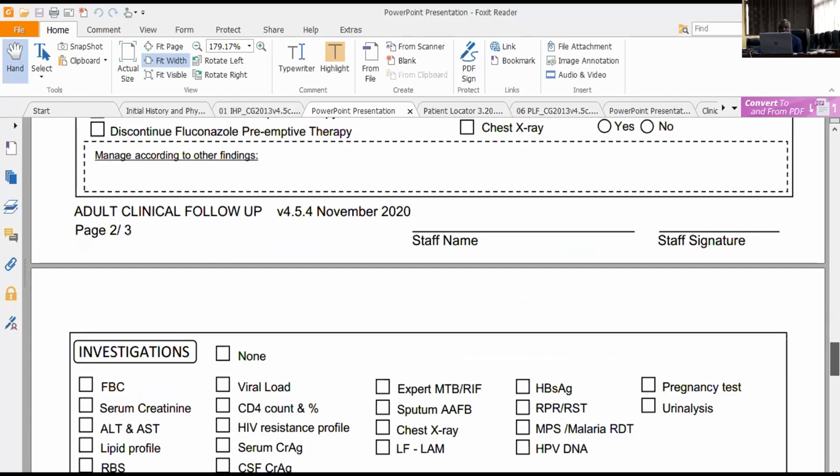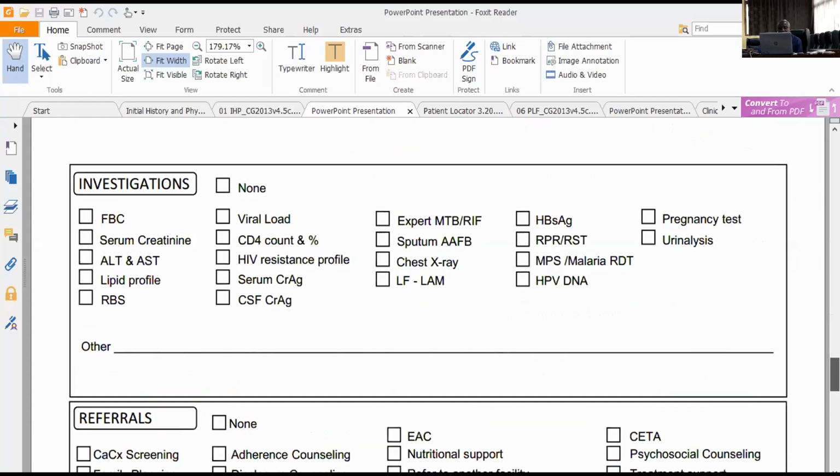So investigations also have included the others that have not been there, like the Xpert MTB/RIF that we're talking about, the LF-LAM for TB, advanced TB, the HPV DNA for cervical cancer, the serum creatinine antigen test, all those have been included, including the lipid profile.